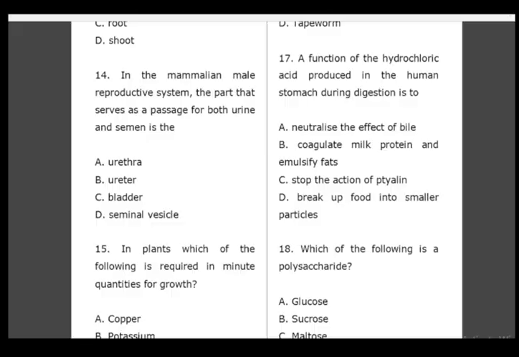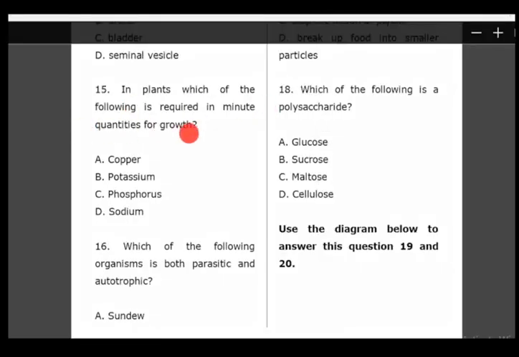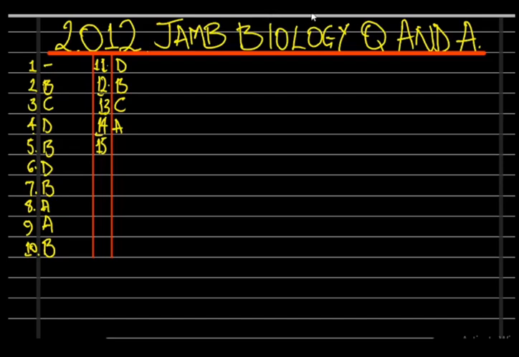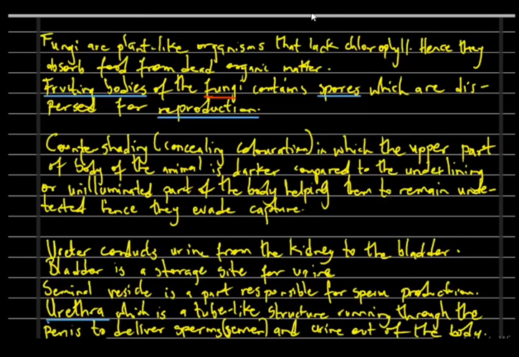Number 15 there says, in the plant, which of the following is required in minute quantities for growth? A. Copper, B. Potassium, C. Phosphorus, and D. Sodium. Now, if you look at all of these options here, we have some of them to be part of the commonest type of fertilizer that we use, which is the NPK. So when we look at the formula for NPK, you will discover that we have some of those substances as part of the components of NPK.